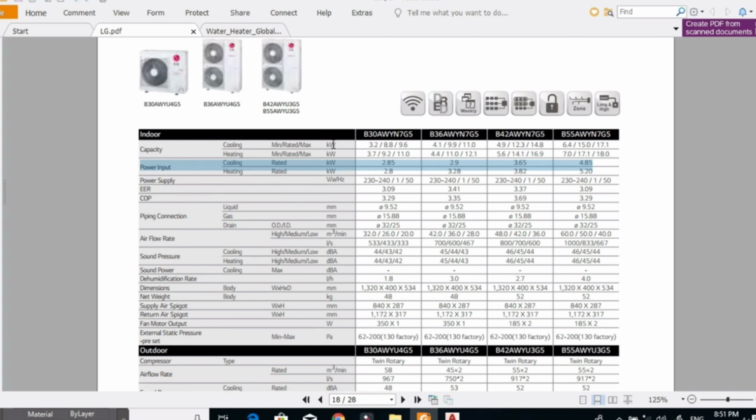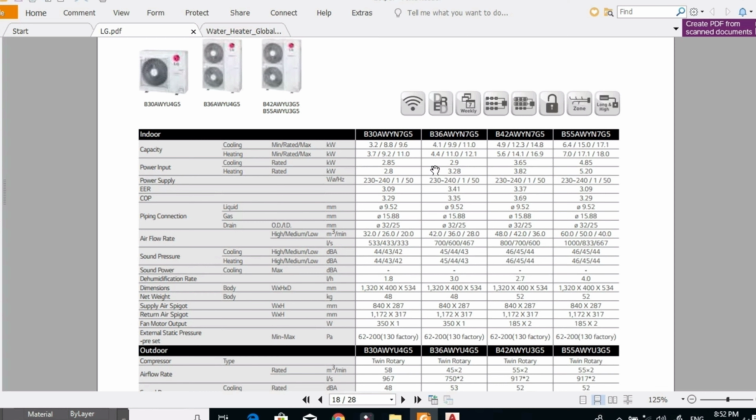We talked in our lecture about the BTU and the ton, refrigerant, and so on. We mentioned here the kilowatt capacity of cooling, here 32, and so on. But we require here the power input. See here, for cooling by kilowatt and heating by kilowatt.